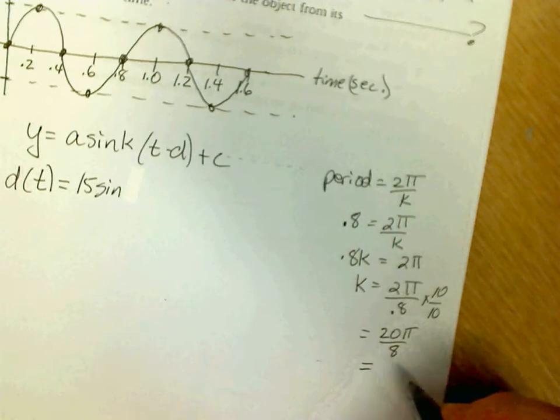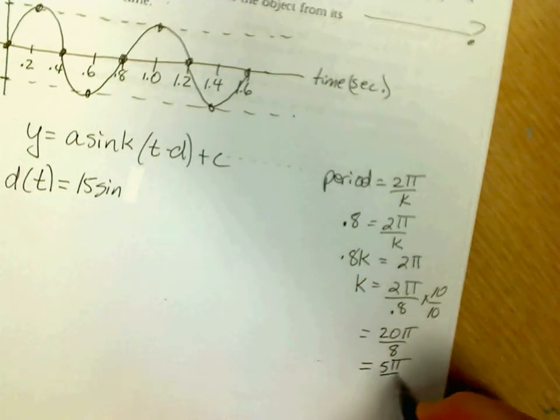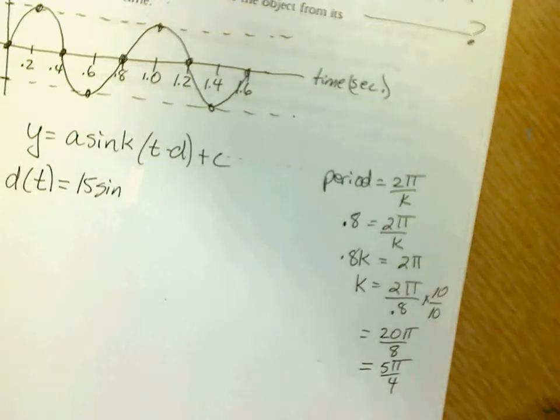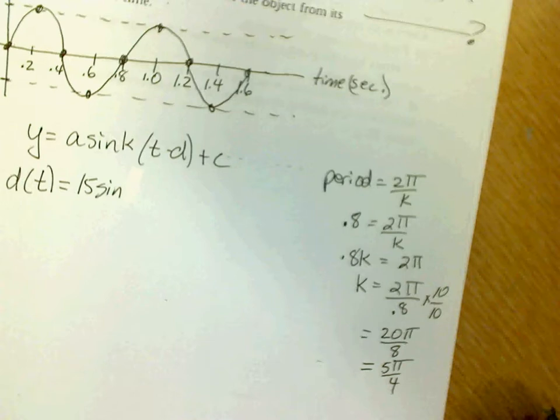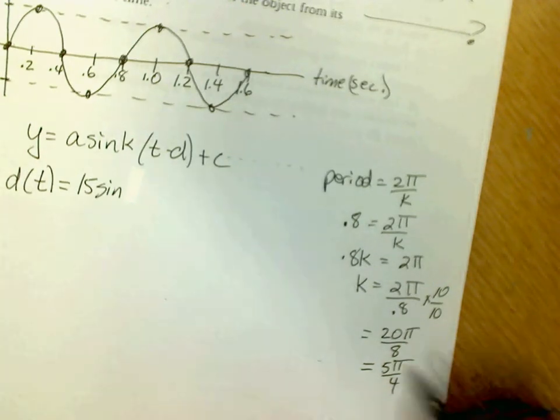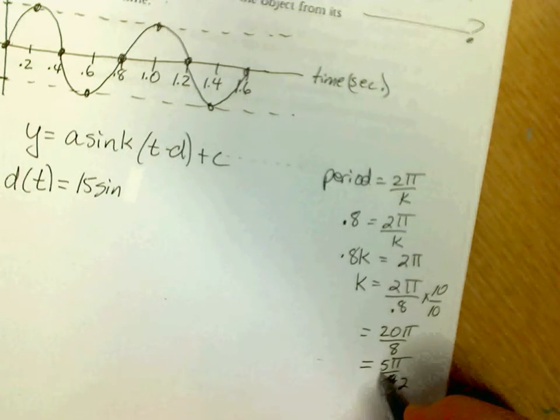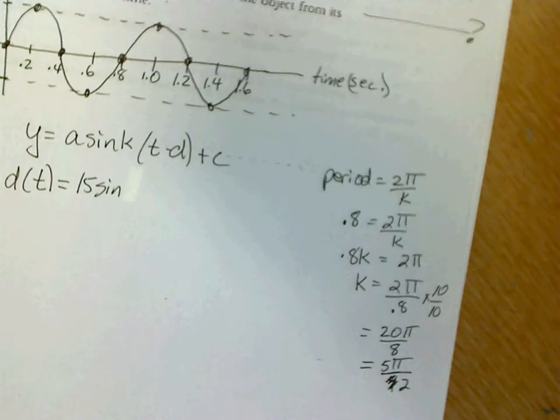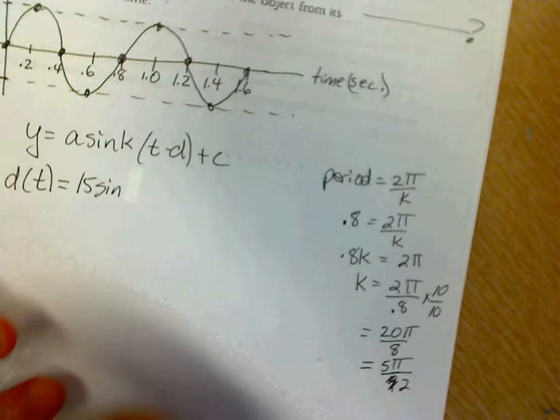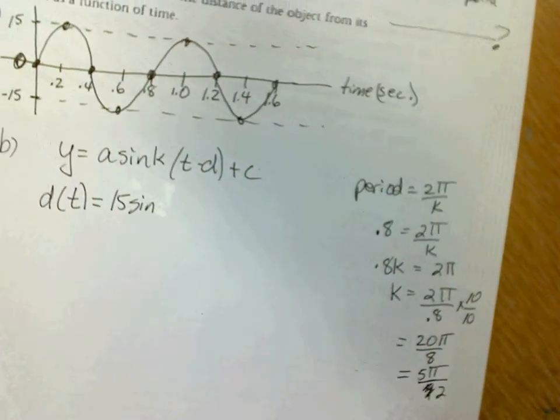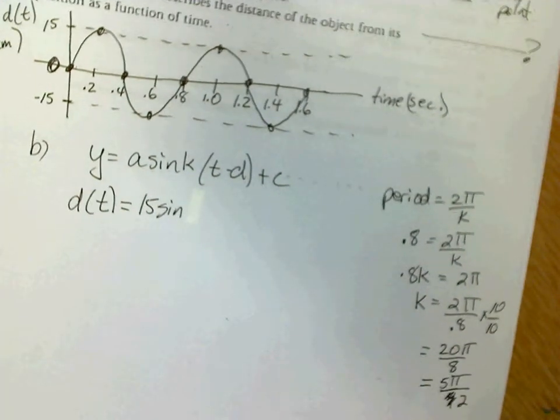Why didn't we use 4 or 5 instead of point A? That would have been easier, 5 pi by 2. Yes, you could have done that, absolutely. I'll try to remember that in the future. 5 pi by 2 t.